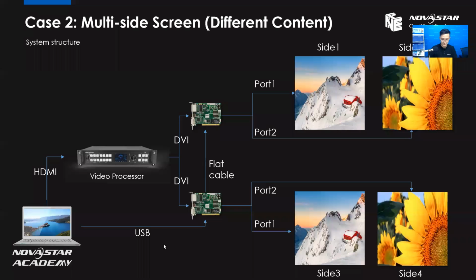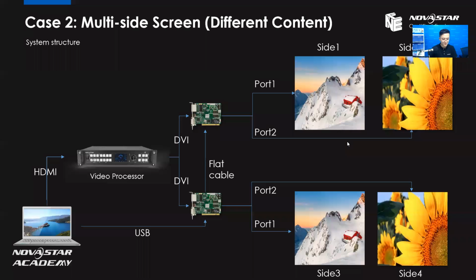That's how it connects. And this PC can give the HDMI source to the video processor, and the USB cable connects to give the control protocol to the MSD 300, so we can configure the MSD 300 with the NovaLCT software. That's the whole hardware connection, okay?